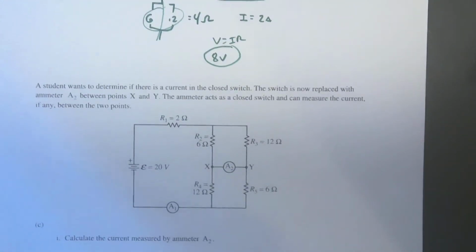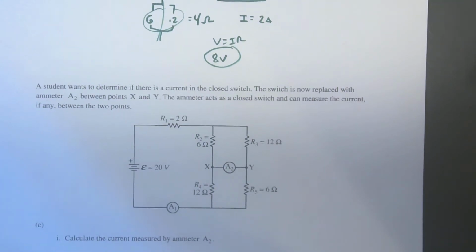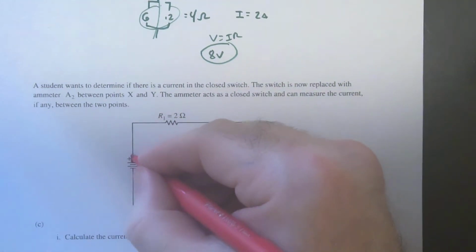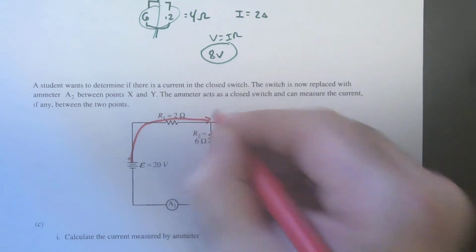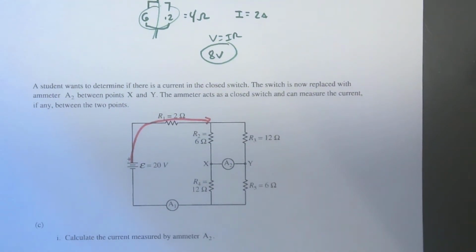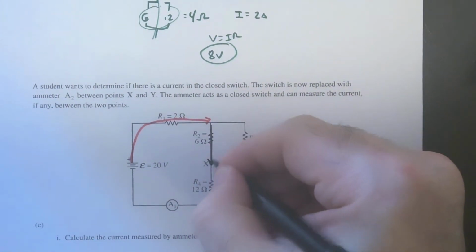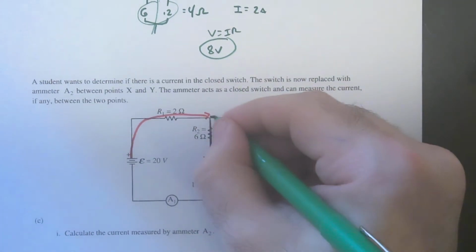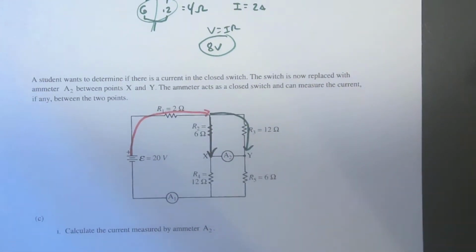Then a student, those dang students, want to determine if there's a current in the closed switch. Yeah, there is. How do I know? Here's your current. At this point, it splits up. Black and green. Hey guys, which one's going to have more current, the black or the green one? Yep, the black one, because it has less resistance.